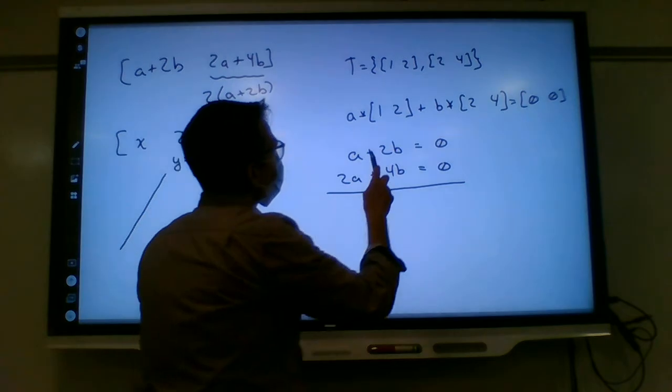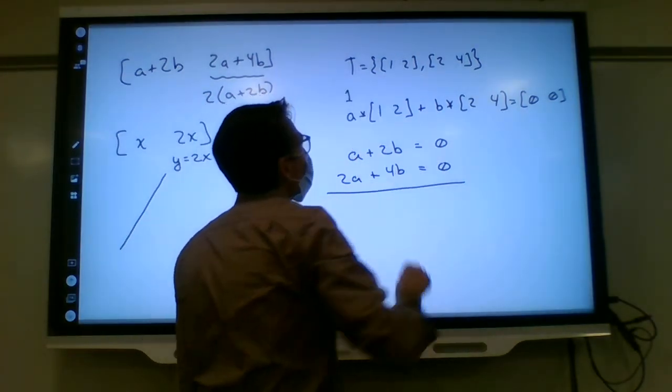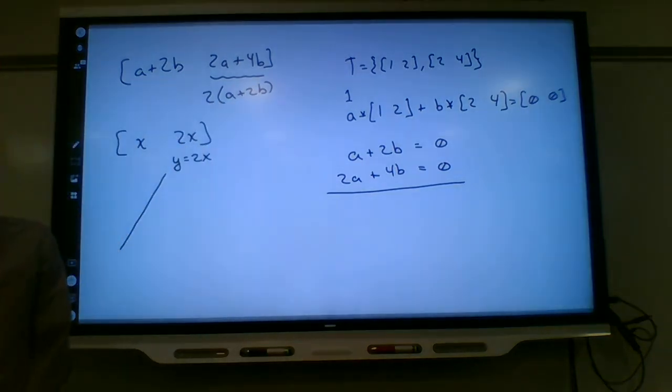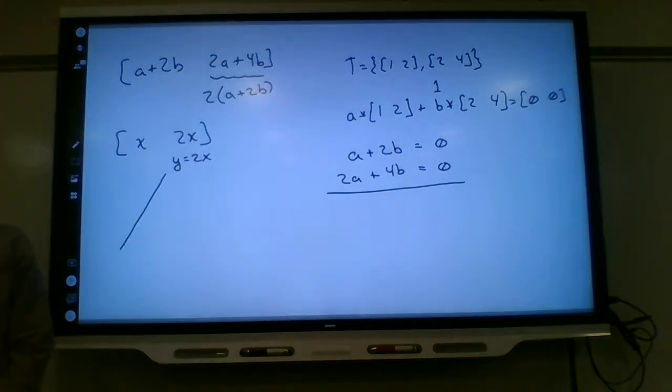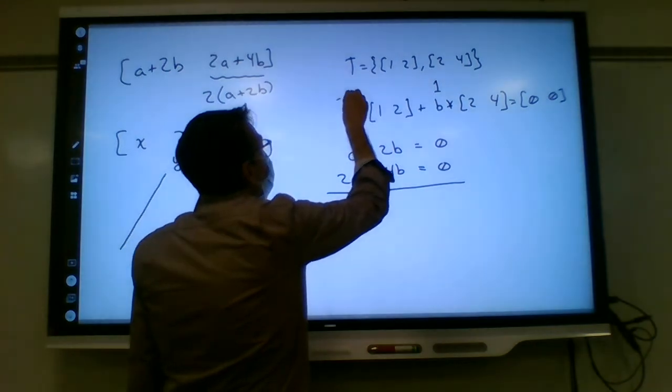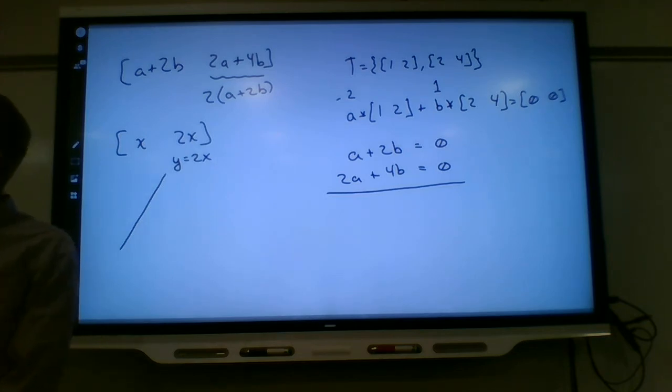So let's think about, for instance, what happens if I make a equal to 1 right here. What could I make b equal to? Might be easier to do it the other way. Let's make b equal to 1. What could I make a equal to? If I make a equal to -2, then we get 0, right?